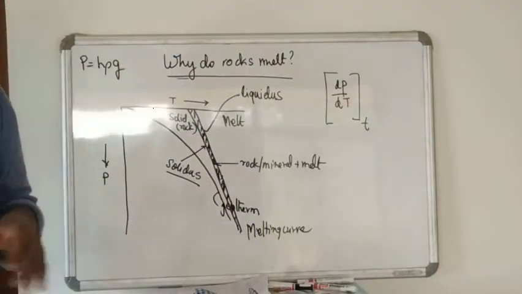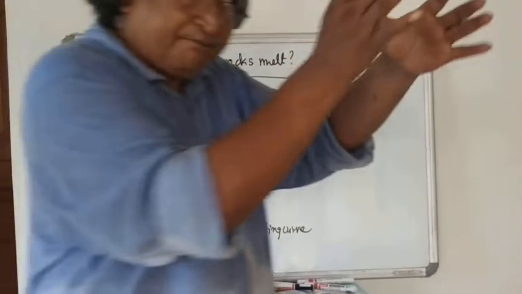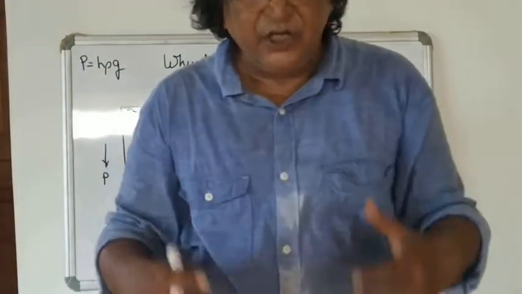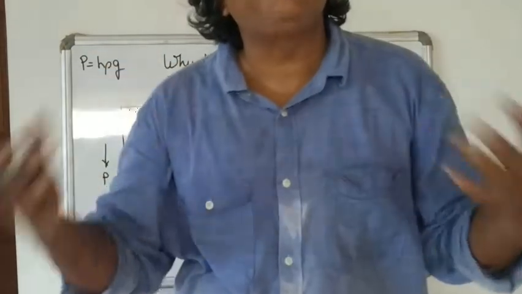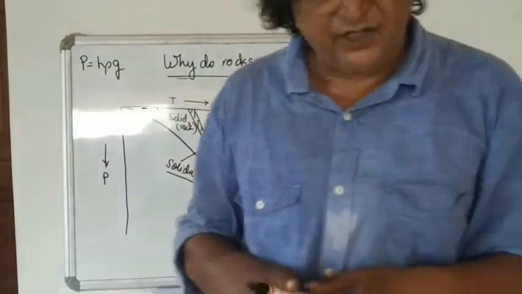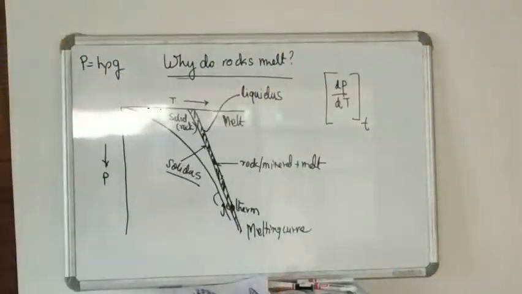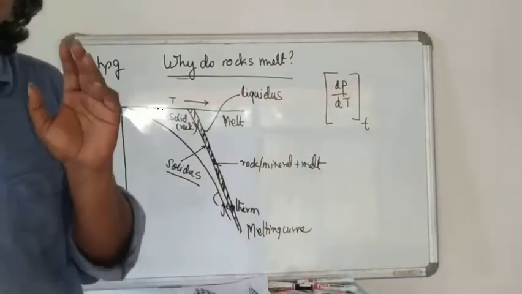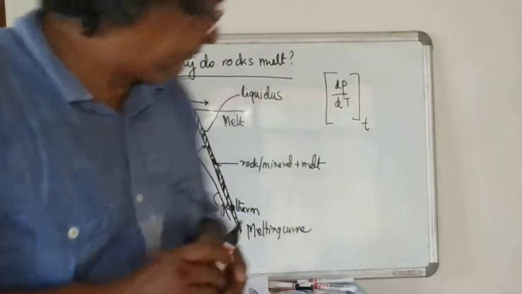And this can change from place to place, and even these can change because of a particular tectonic process that may operate. So the geotherm is not a unique line.